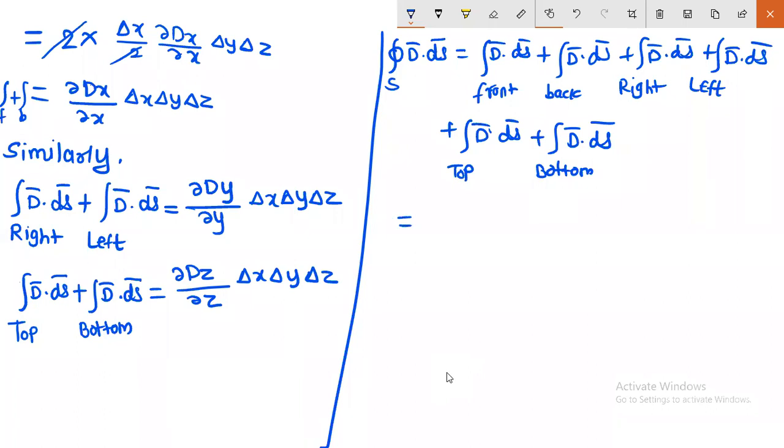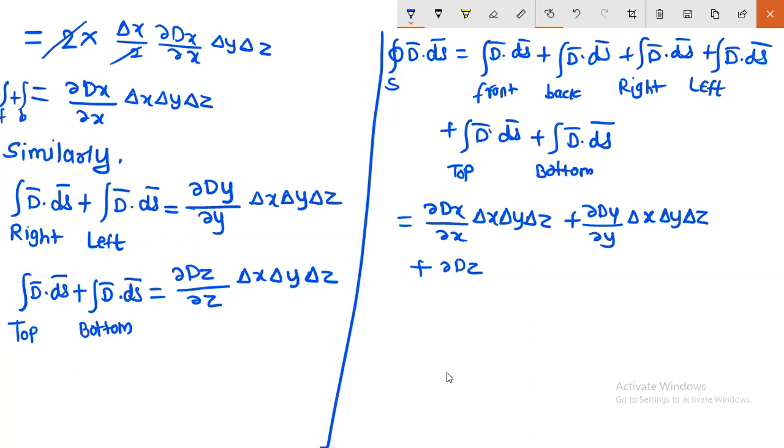So you will get here it is equal to ∂Dx/∂x into delta x delta y delta z plus ∂Dy/∂y into delta x delta y and delta z plus ∂Dz/∂z into delta x delta y and delta z.